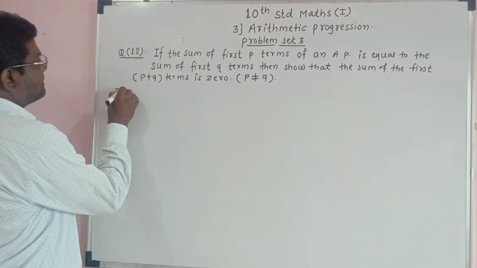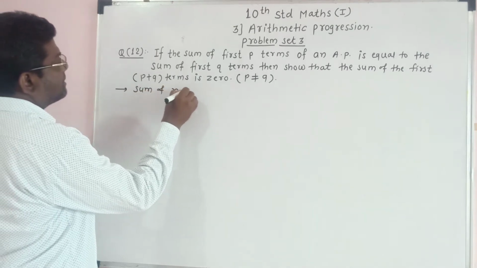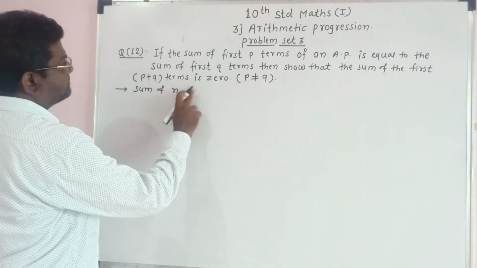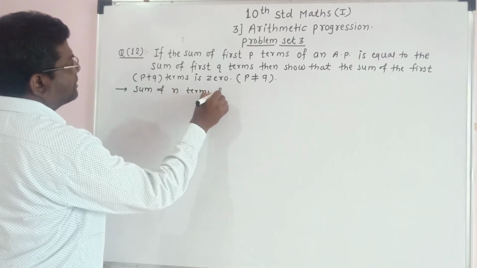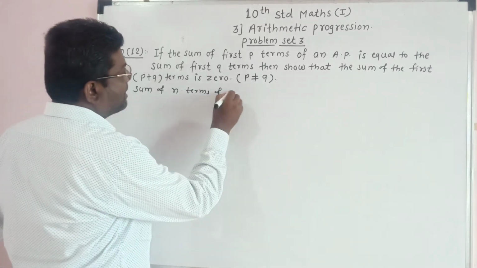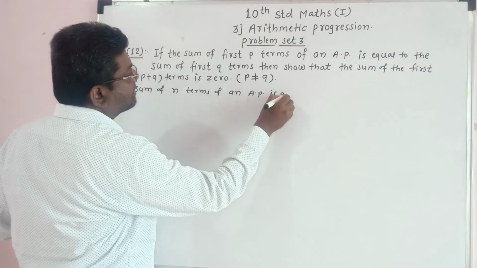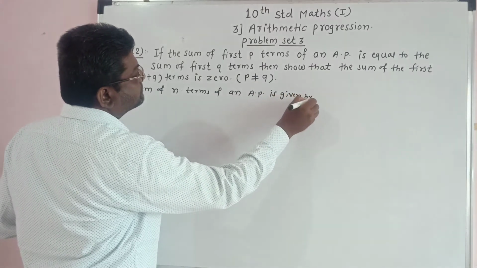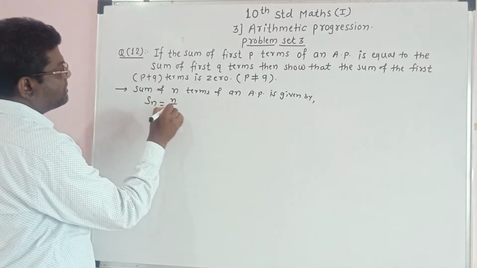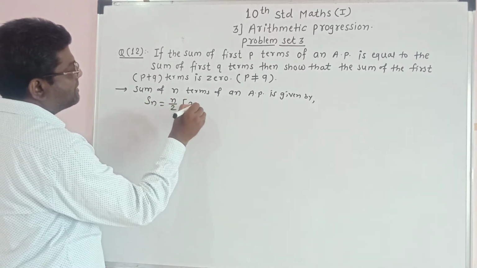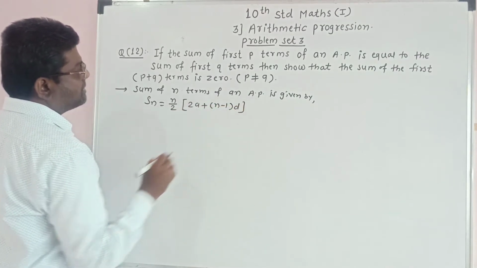We know that the sum of n terms of an AP is given by Sn is equal to n upon 2 in bracket 2a plus n minus 1 into d.